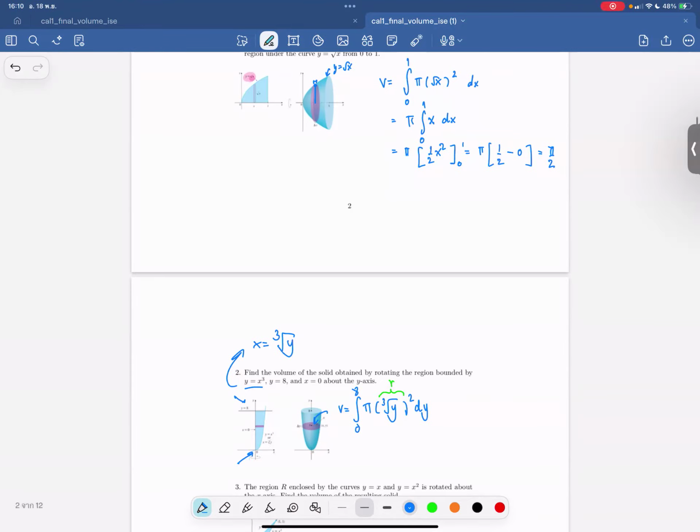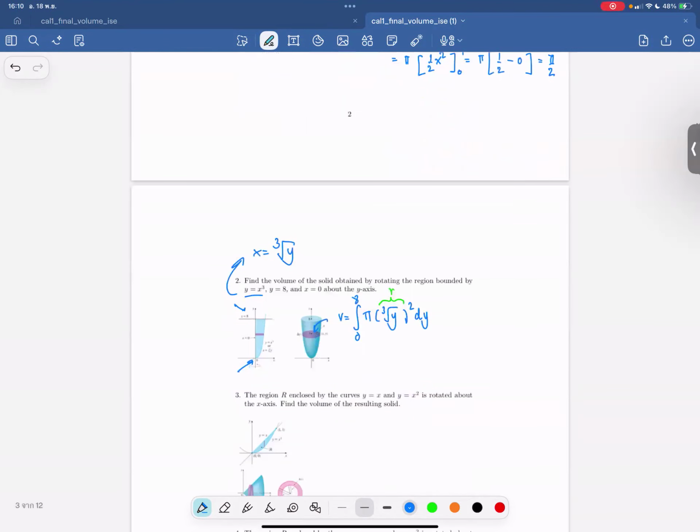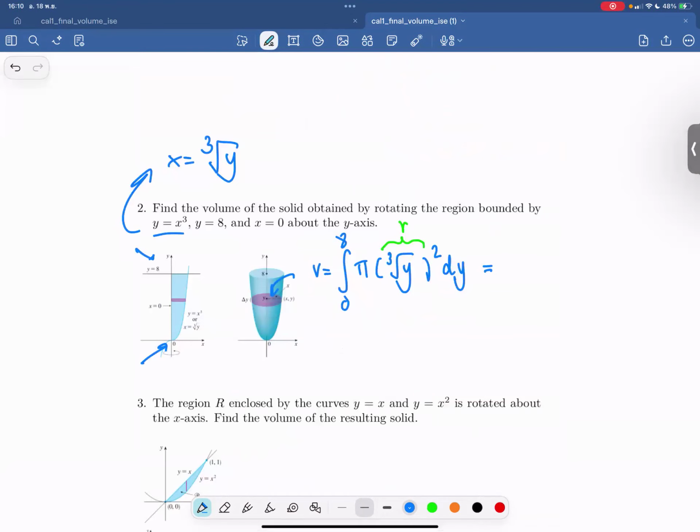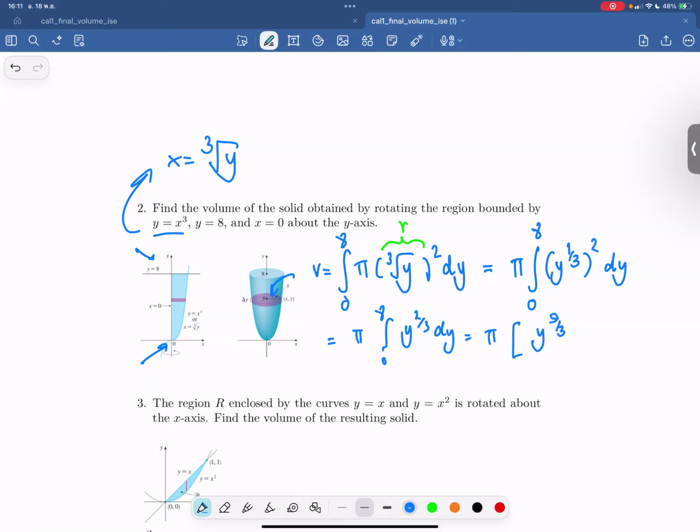Okay. And next we just calculate this integral directly. So we have pi, from 0 to 8, and then I will change the form to be y to the 2 over 3 dy, and then y to the 5 over 3, times 3 over 5.